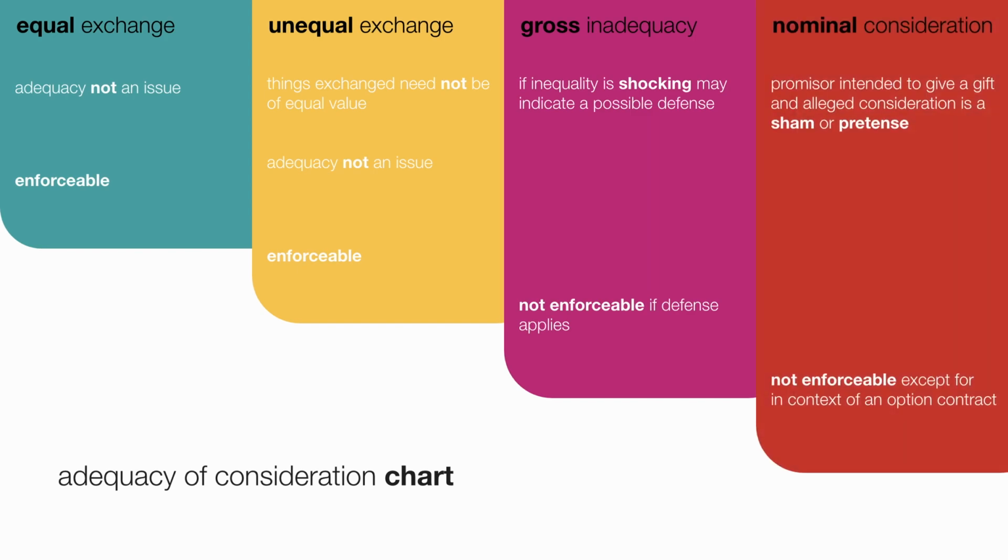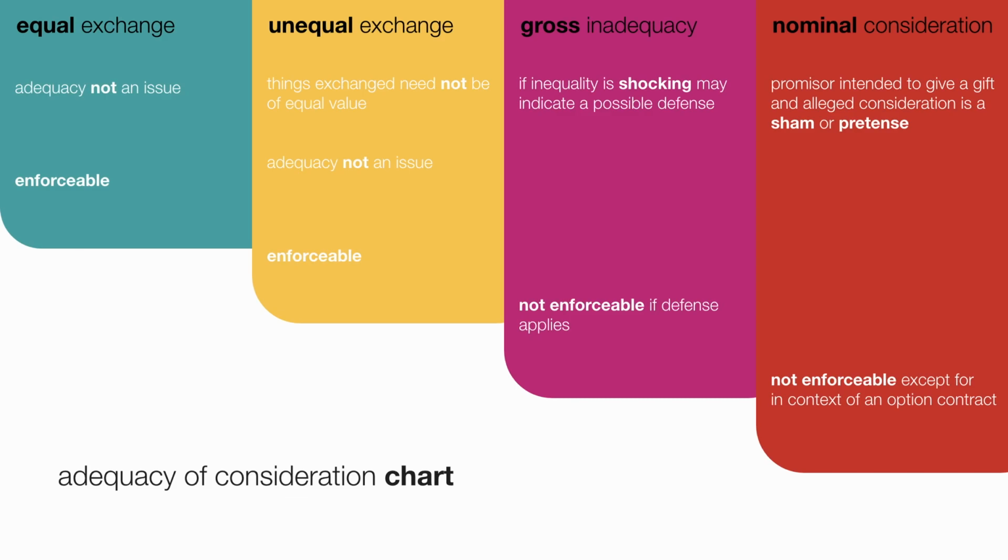So our last category here, though, is what we might term nominal consideration. What we have in view here is a situation where the consideration being given in exchange for the promise is really just a token amount, the promisor is really intending to make a gift, and the parties decide they want to dress it up to make it look like a contract.